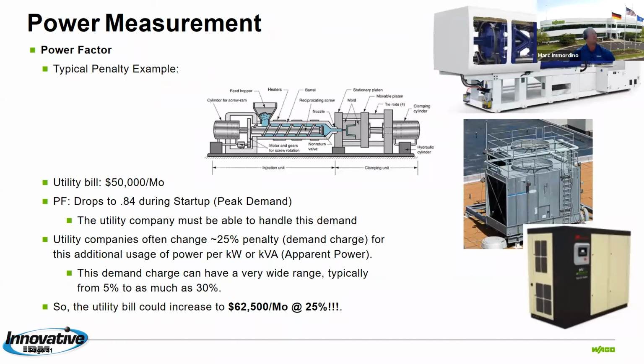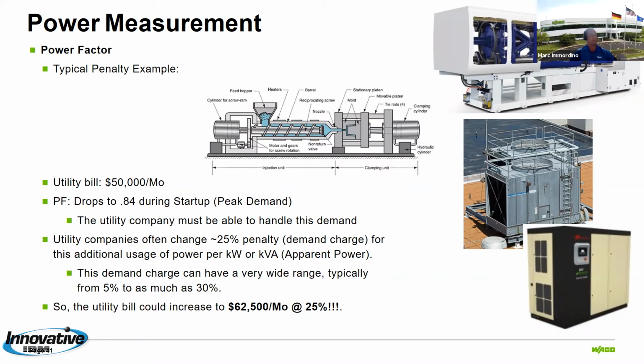All right, so when we talk about power measurement, as I said, here's a quick example. You've got a utility bill that's about $50,000 per month. Your power factor drops to 0.84 during startup, your peak demand. So the company has to be able to handle this demand. So of course they have to charge for additional power usage during that time.